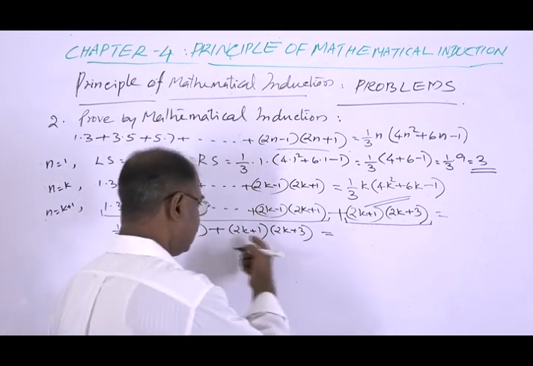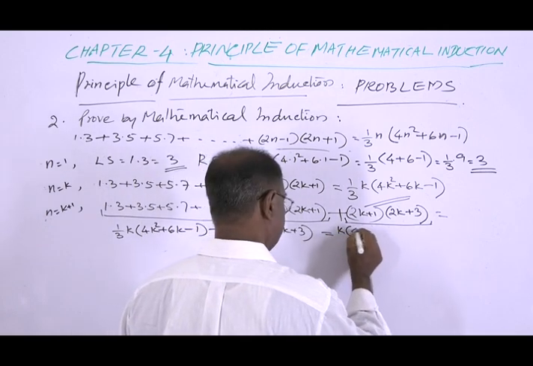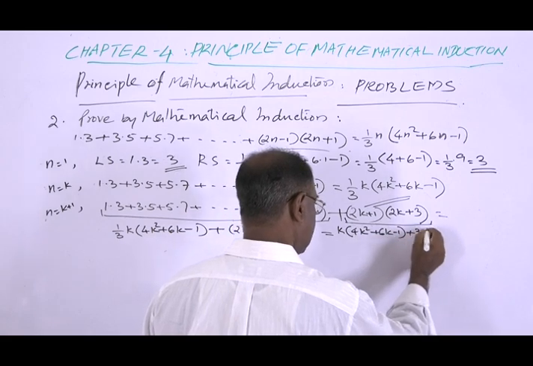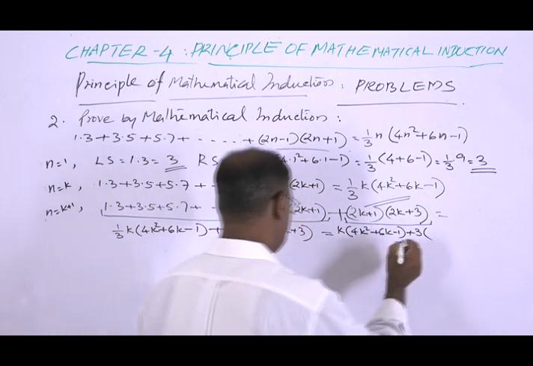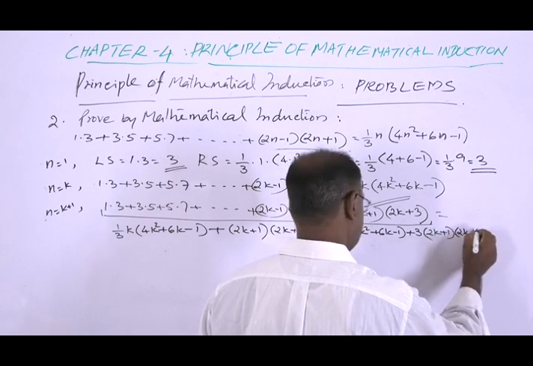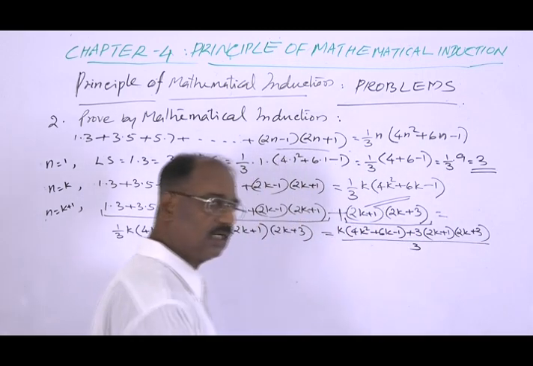So we take LCM. This becomes k into this 4k squared plus 6k minus 1, plus 3 into (2k plus 1) into (2k plus 3), all divided by 3.